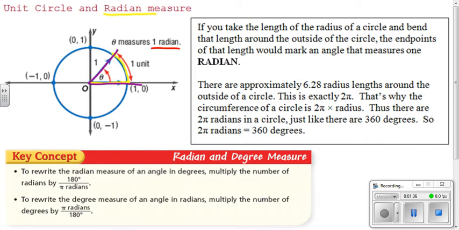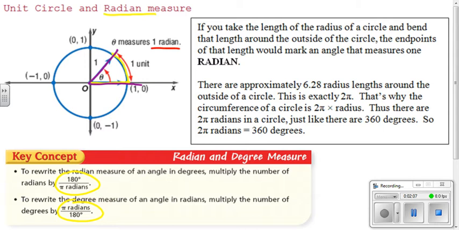Now, if angles are measured in degrees and/or radians, we want to know a way to go in between them. So if we're given something in radians, we know how to get it to degrees, or if we're given it in degrees, we can go into radians. Those conversion factors are going to be these down here. If we are given a radian measure of an angle and we want it in degrees, we'd multiply the number of radians by 180 degrees over pi radians.